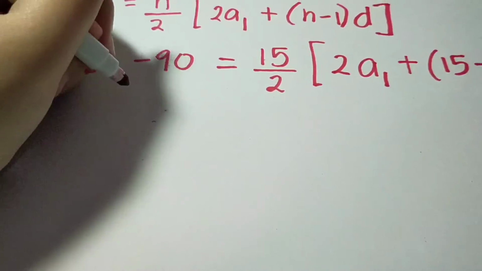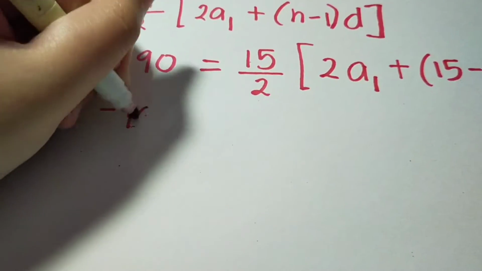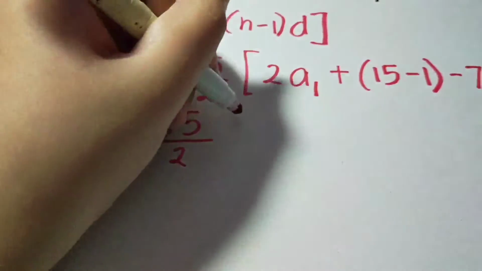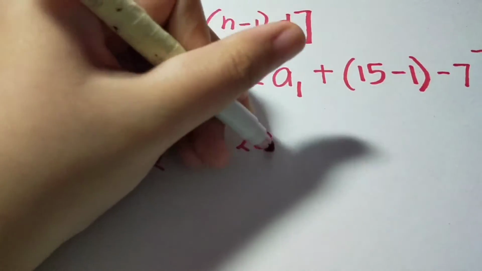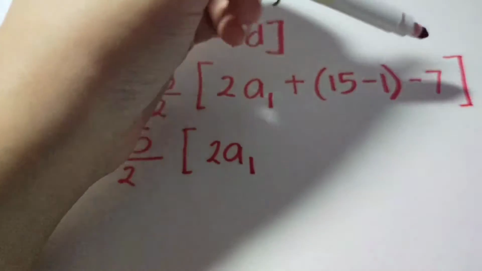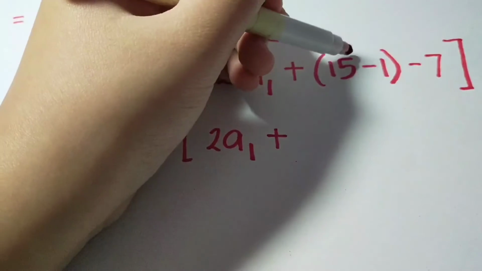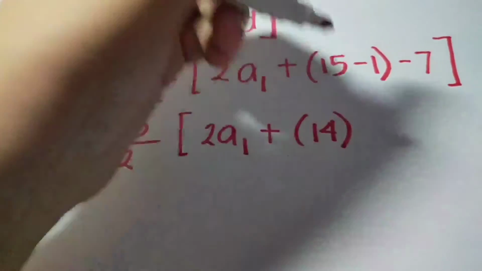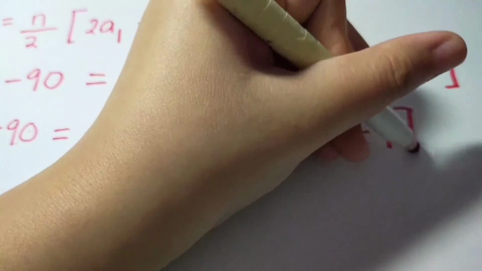So, negative 90 is equals to 15 over 2 times 2a sub 1. I-simplify natin muna yung nasa inner term. So, 15 minus 1 is equals to 14 times negative 7.